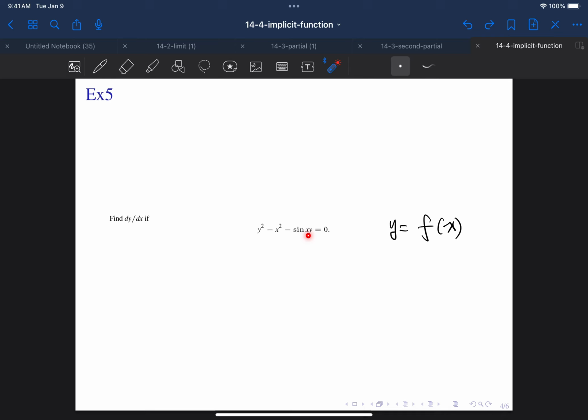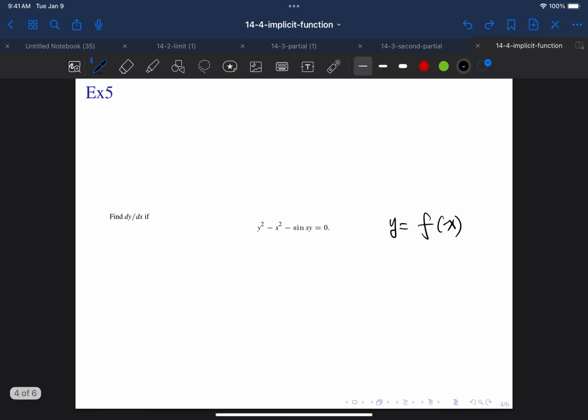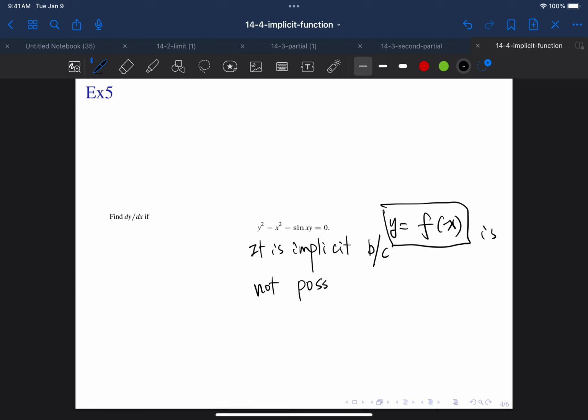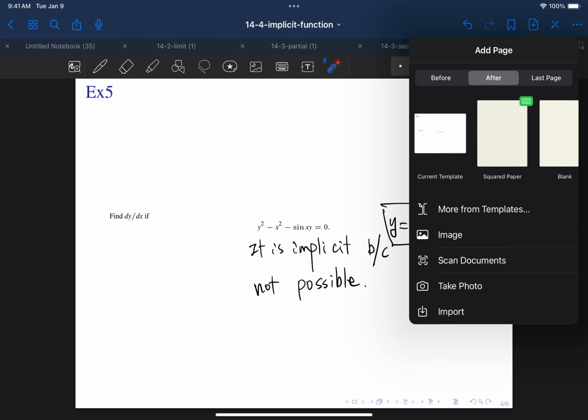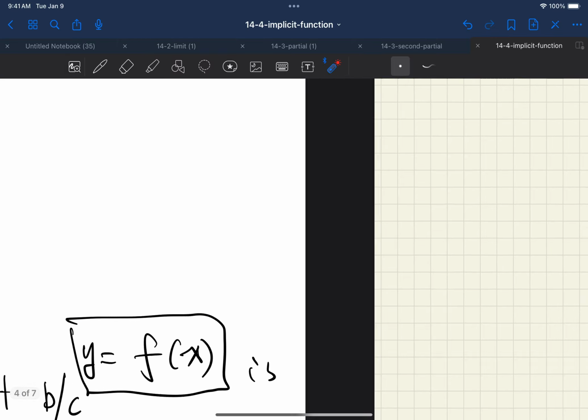You cannot separate sine xy in any algebra. So that means this is implicit. Now for this implicit function, we're going to use the previous formula to get dy/dx.